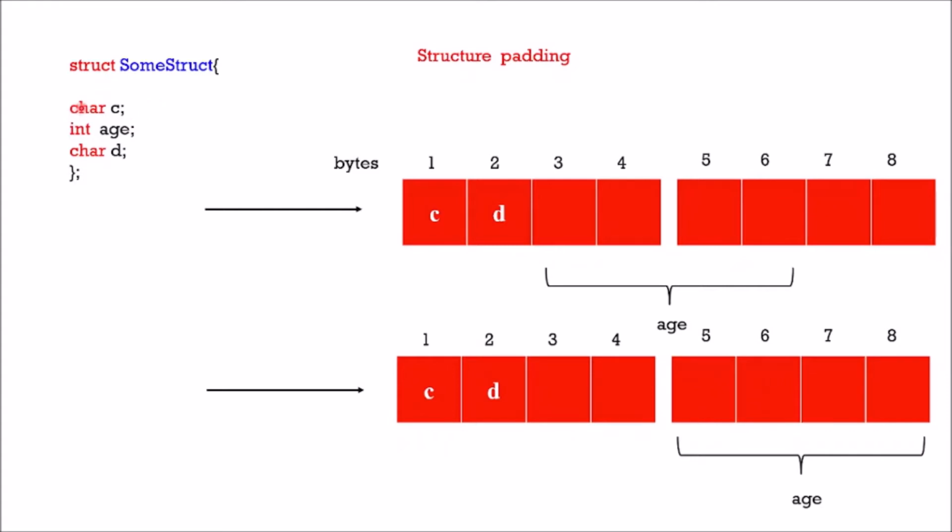So for character, the data size is 1 byte, and for integer variables, the data size is 4 bytes. So you may expect the entire size of this structure to be 6 bytes, because we have here 4, then 1 byte, and another 1 byte. We will have a total of 6 bytes.